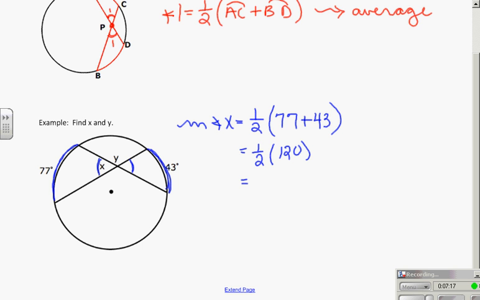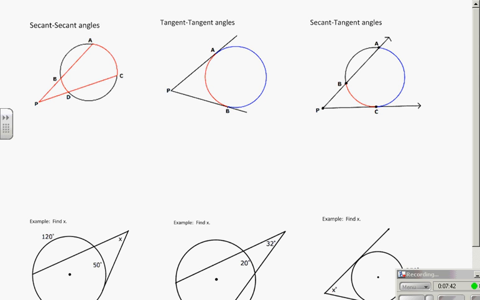And so X is 1/2 of 120, which is 60 degrees. Once I know X is 60, then it's a matter of simple linear pair to get Y. So just remember, if I intersect inside, not at center, it's the average of the two intersected arcs.